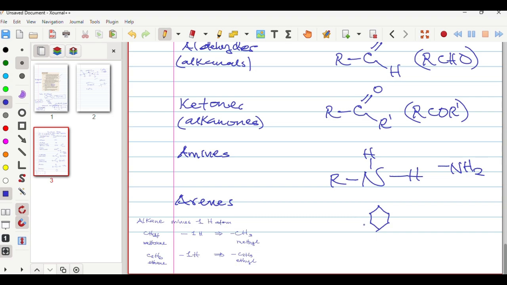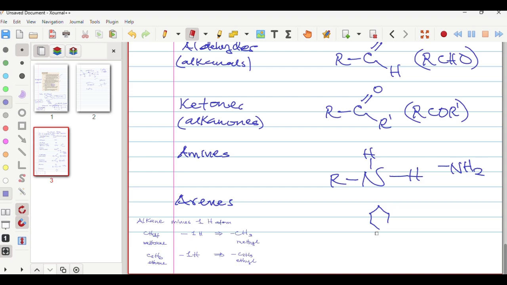How many carbon atoms do we have here? Six. No, seven. How many carbon atoms? Six. It should be 6. Yes, sir. There's a line there, so you can remove it.